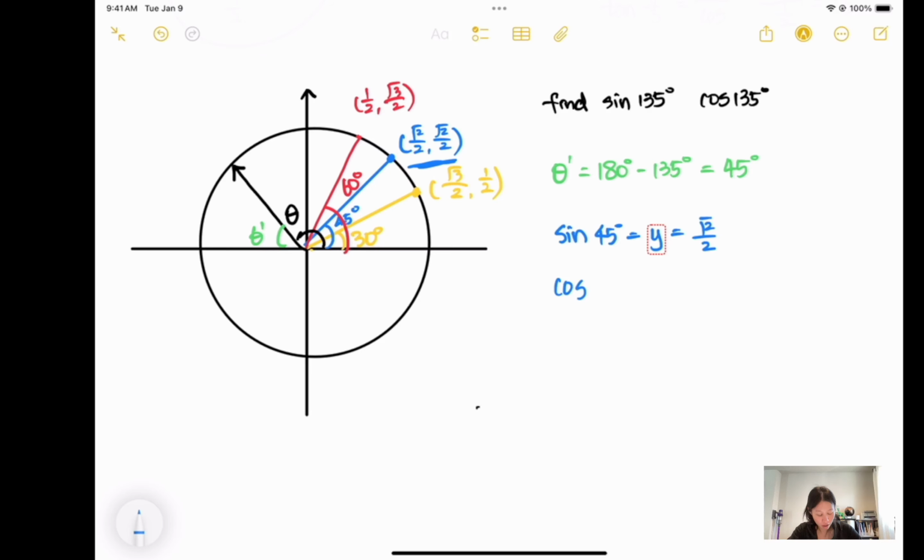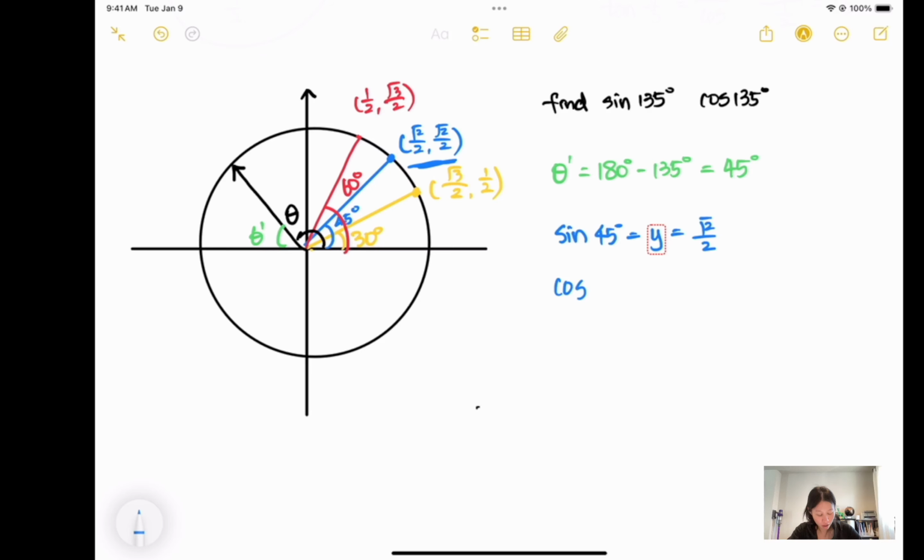Sine 45 degrees is square root of 2 over 2. When it comes to the actual angle, sine 135 degrees, the value should be the same as the reference angle except for the positive or negative.